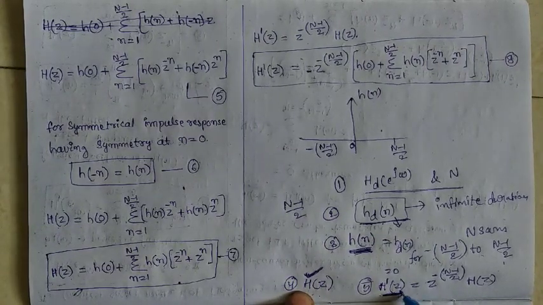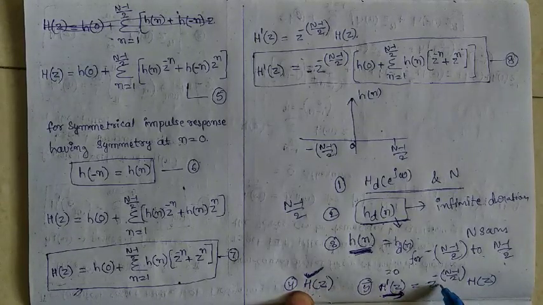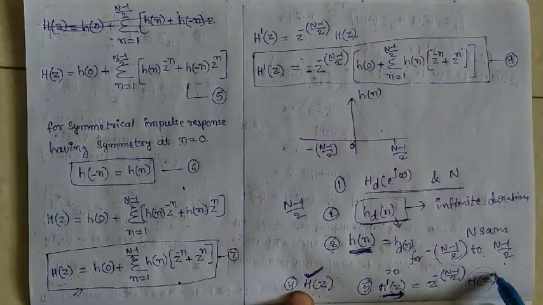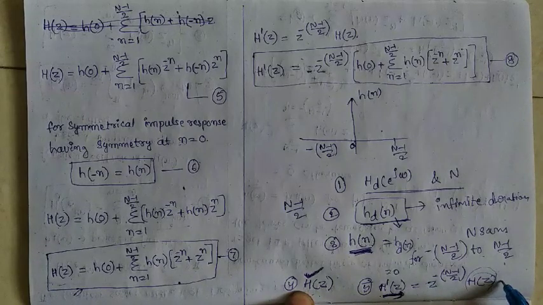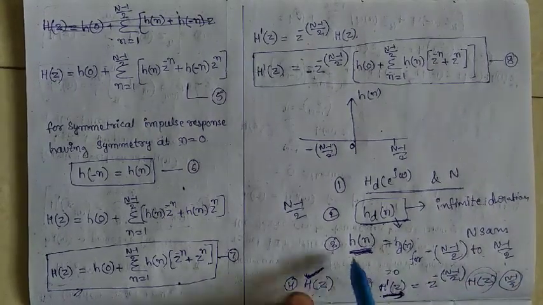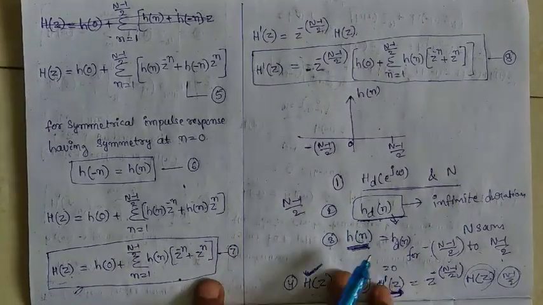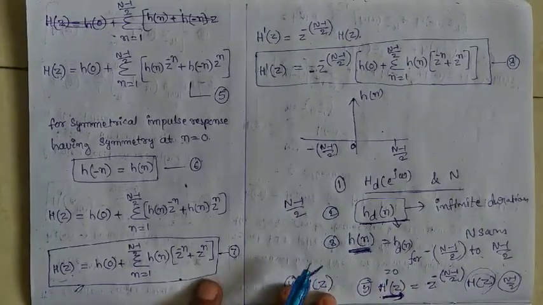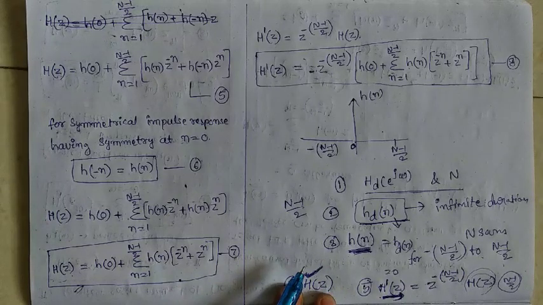Multiplying H(z) with z power minus (N minus 1) by 2 means we are delaying the H(z) by (N minus 1) by 2 samples. These are the steps to design the FIR filters using the Fourier series method.